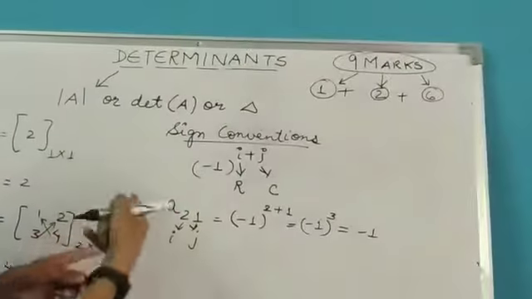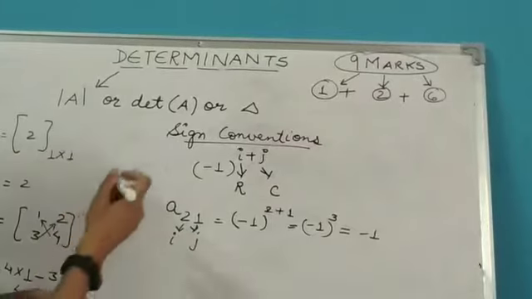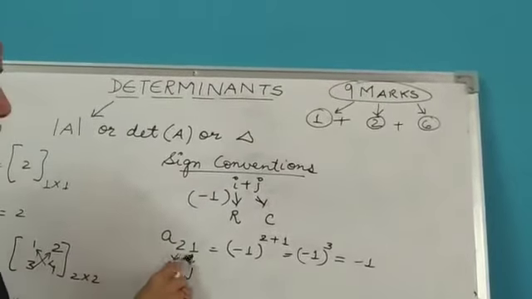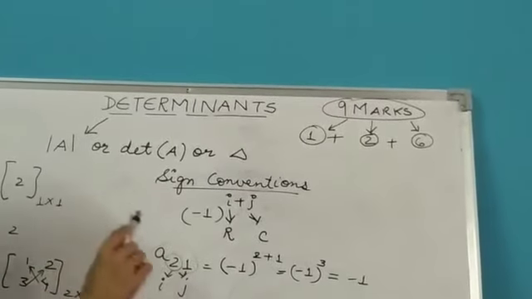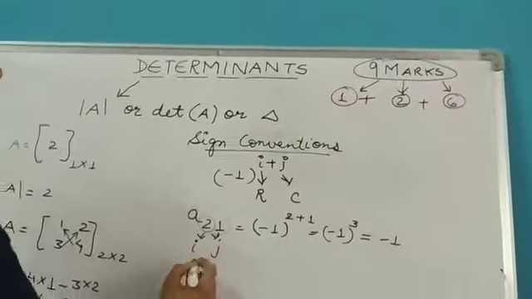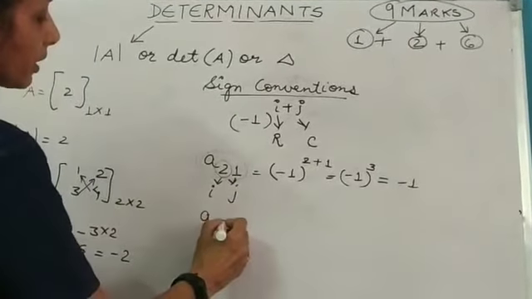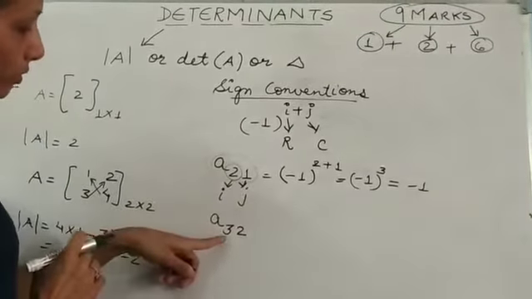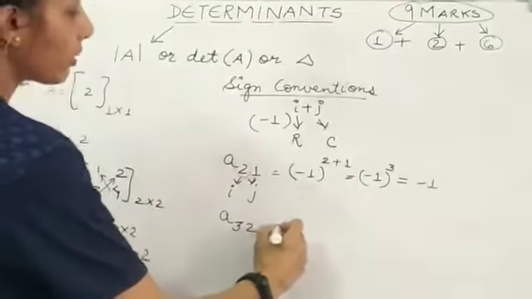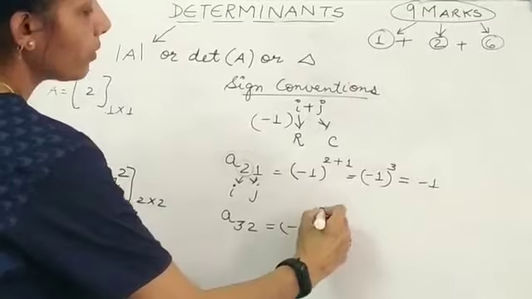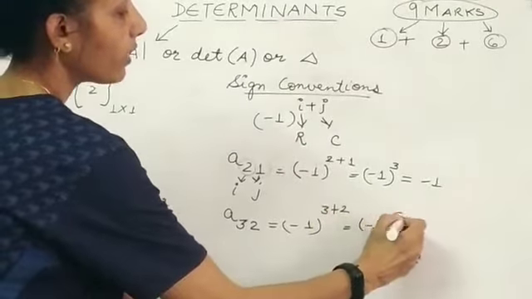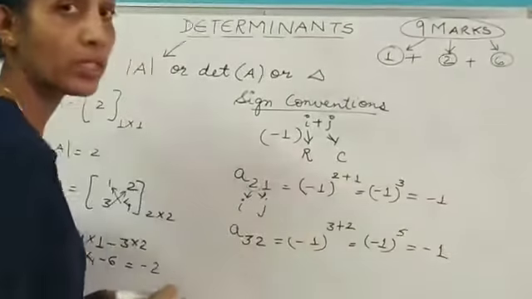If you are expanding the given 3 into 3 matrix along your second row, then that first element should be of minus sign. Let's say you are taking the element of third row and second column. That means again minus 1 raised to power 3 plus 2, that is minus 1 raised to power 5, which is again equal to minus 1.